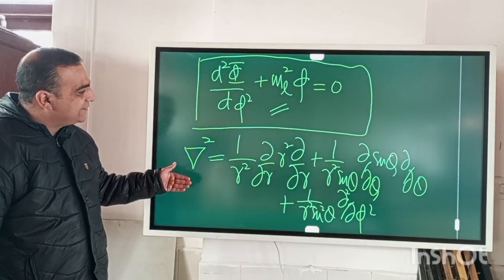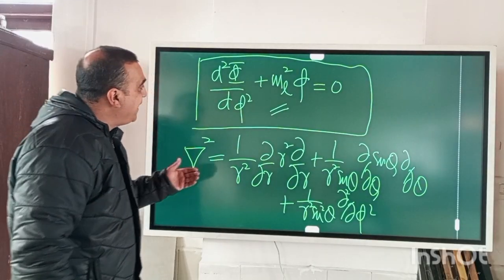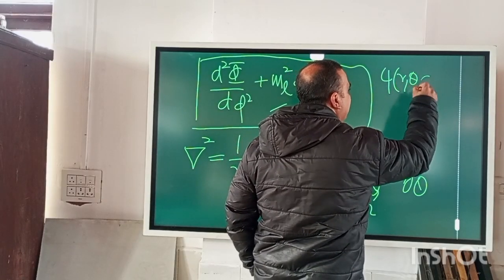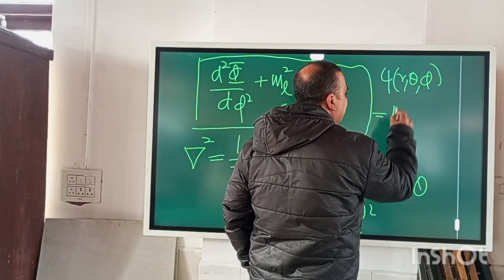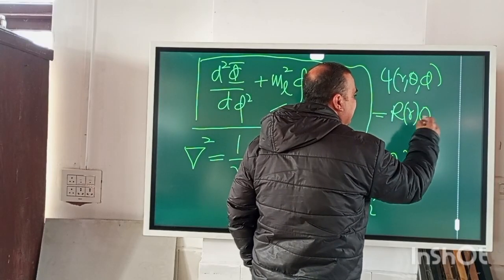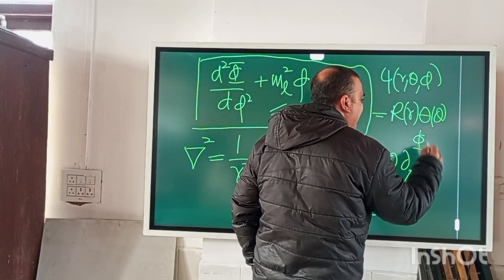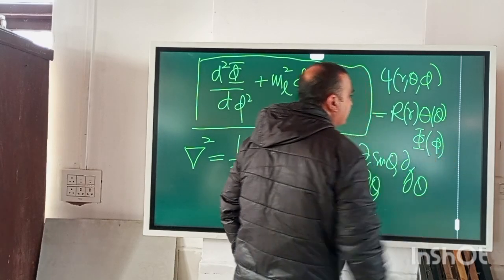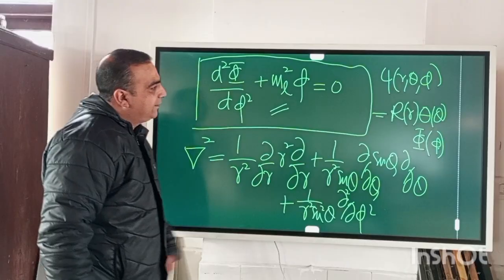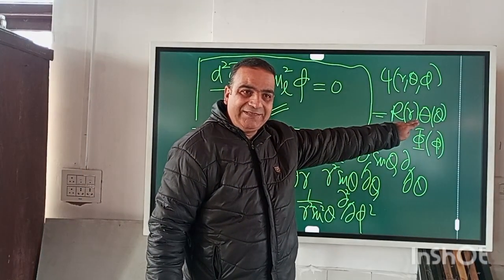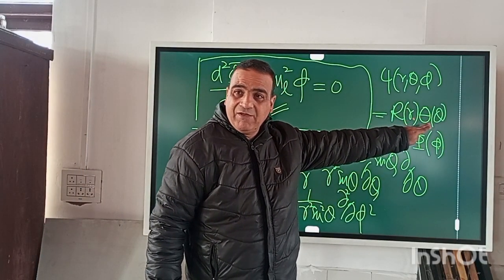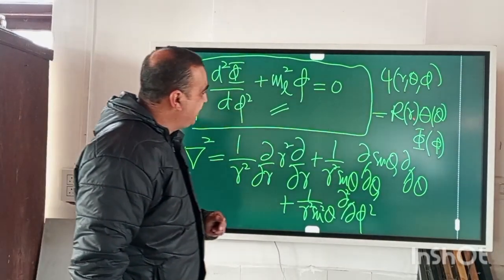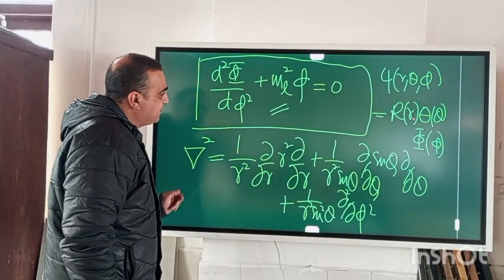And when I incorporated this, I assumed the solution psi of r, theta, and phi as a function R of r, Theta of theta, and Phi of phi, so that R of r is not dependent on Theta of theta, and is not dependent on Phi of phi. The rest of the course you can check in yesterday's video.